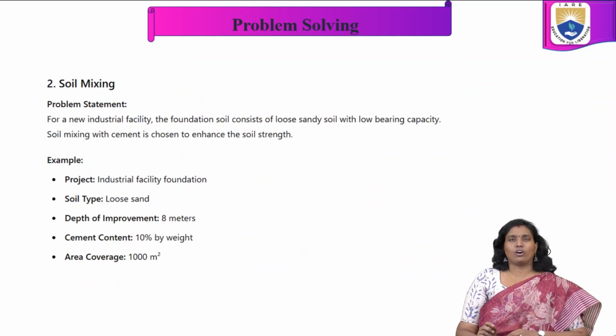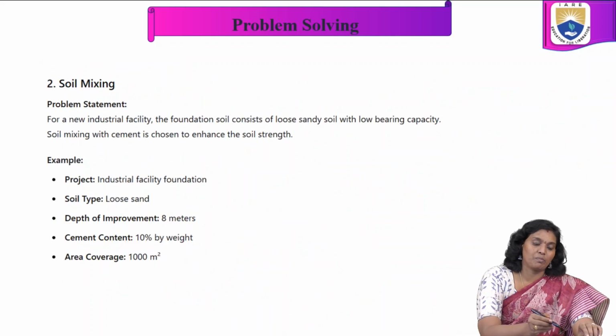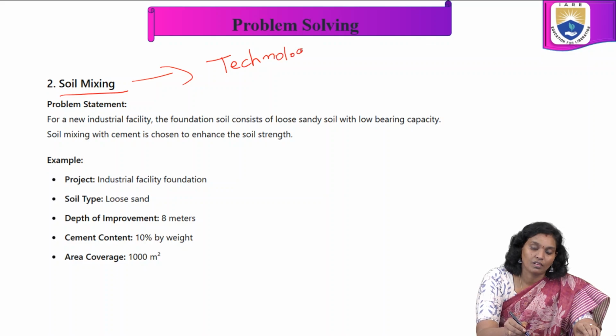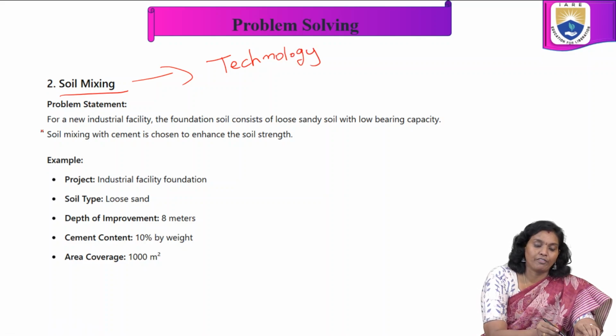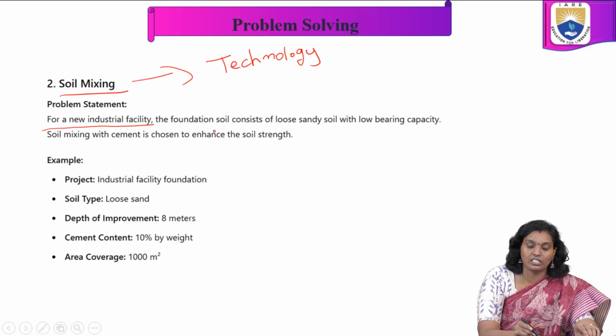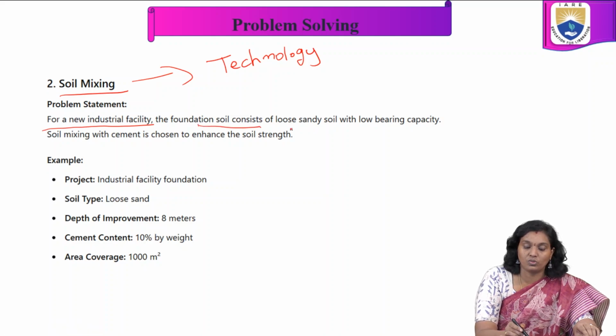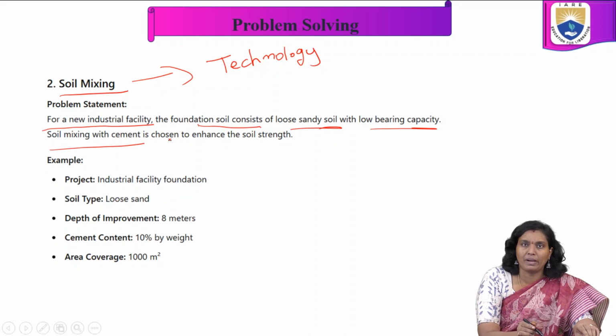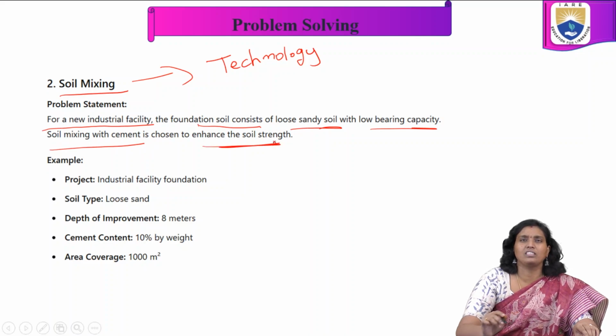Now one more kind of technology we may understand from a problem statement point of view is soil mixing. In this technology, for a few industrial facilities, the foundation soil consists of loose and sandy soil with low bearing capacity. Soil mixing with cement is chosen to enhance the soil strength.